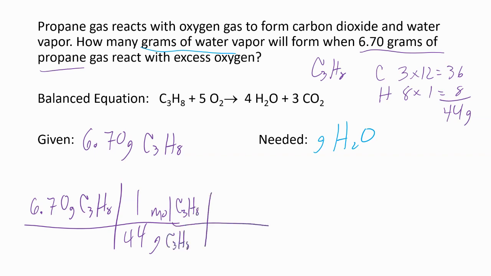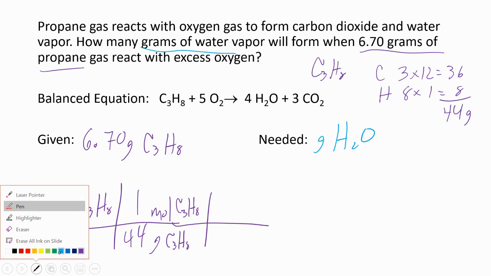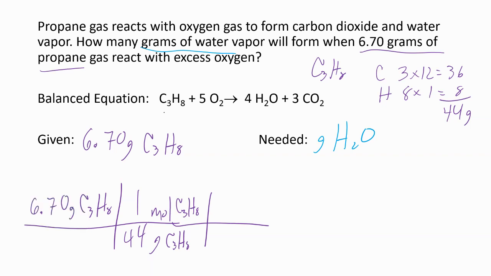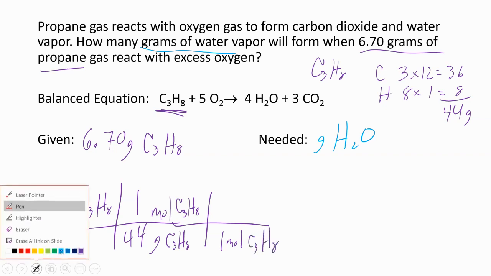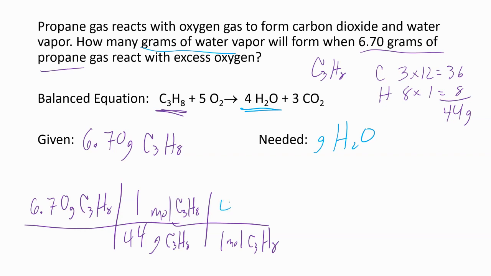Now we need to go to water. So we're going to need that balanced equation. For every 1 mole of C3H8, we need 4 moles of water. But we got to keep going to grams.